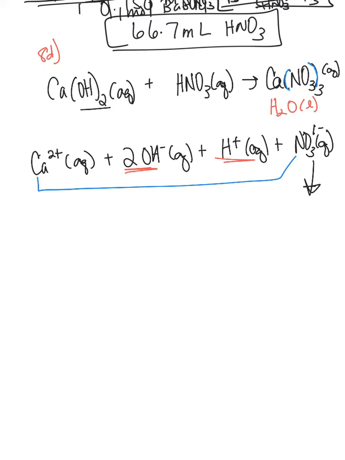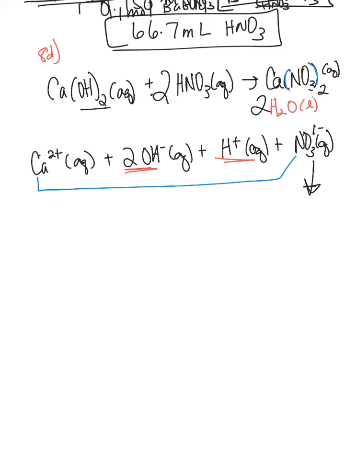Now we are going to look to see what coefficients are needed to balance. We see that we need 3 nitrates. Wait a minute. We don't need 3. That's wrong. We need 2, right? Did y'all catch that? Because calcium's a 2 plus charge. So this is going to be a 2 here, and then we're going to need 2 waters.